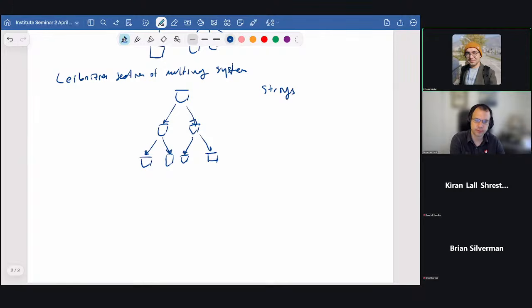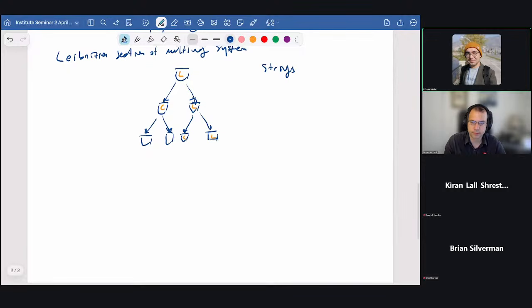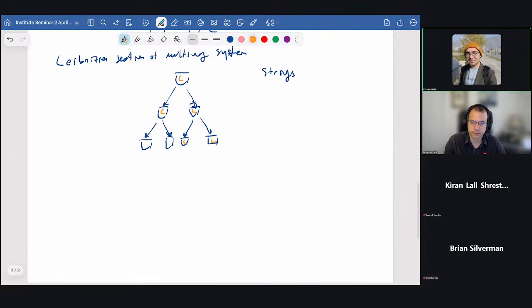Given the multiway system, we focus on the Leibnizian part of the multiway system, meaning that if this is the full multiway system, we focus on these Leibnizian ones, and we evaluate this part of the multiway system.